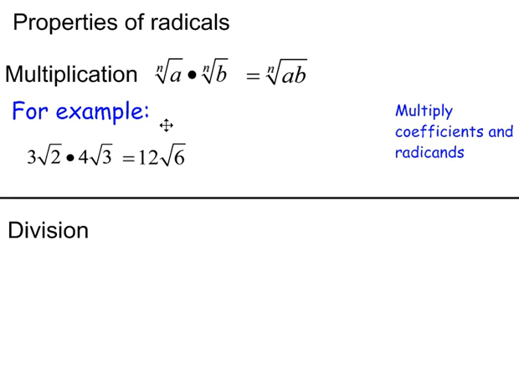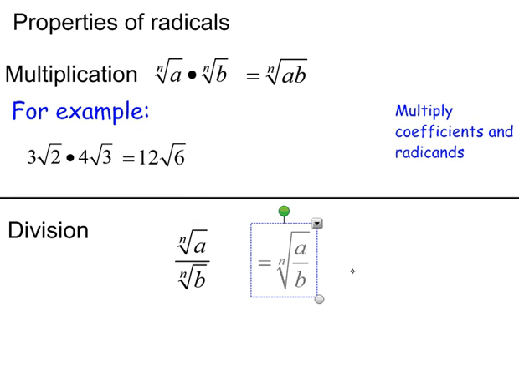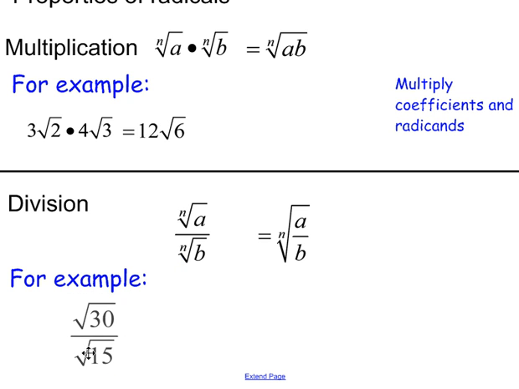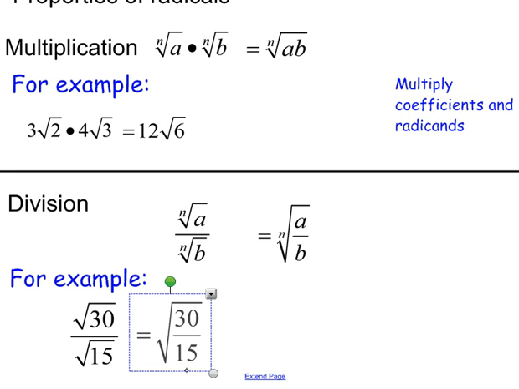All right. Okay, the division rule. The division rule says that the nth root of A divided by the nth root of B is equal to the nth root of A over B. So for example, radical 30 over radical 15 can be rewritten as radical 30 over 15, which is just equal to radical 2.